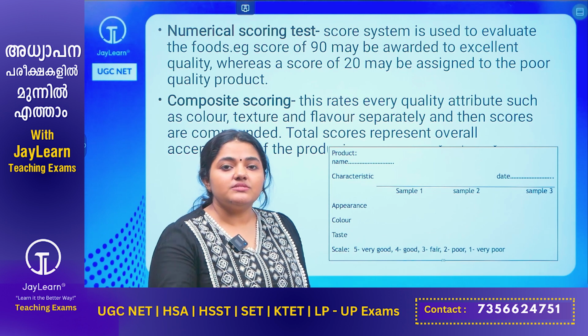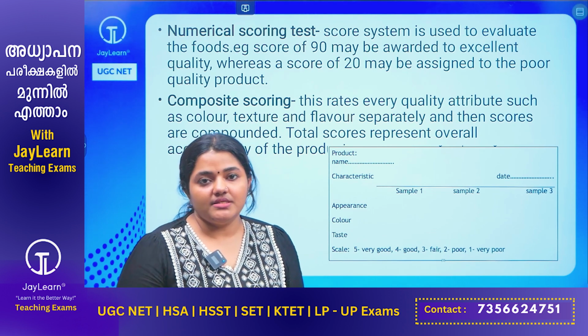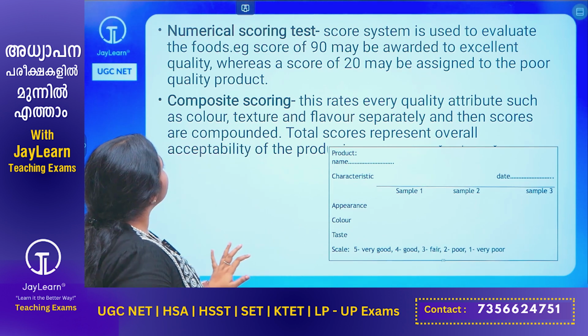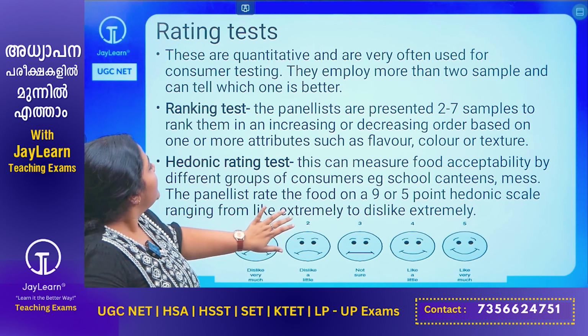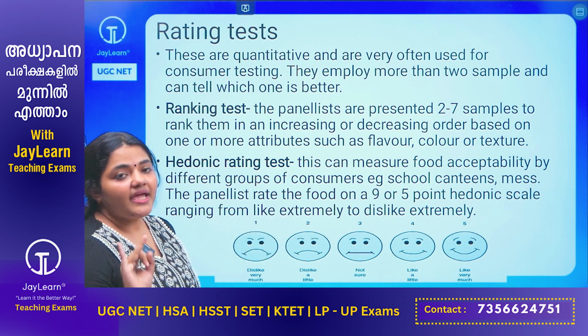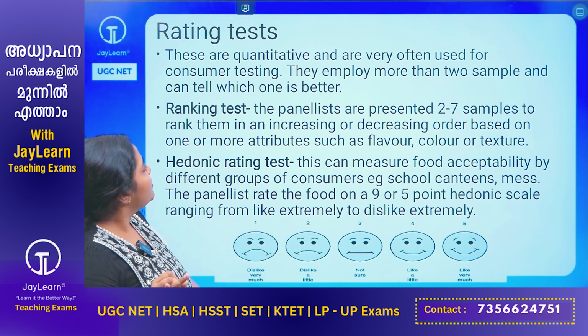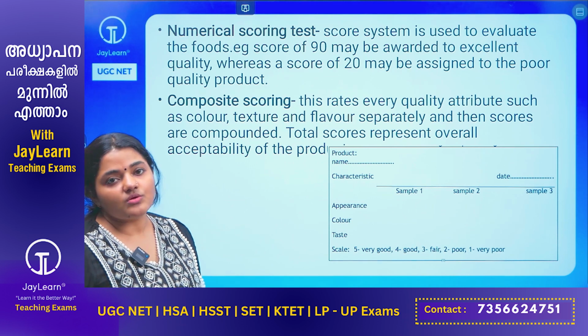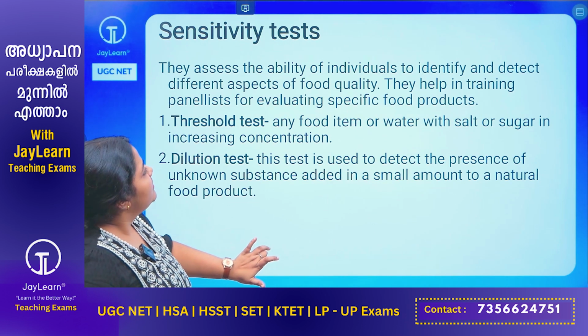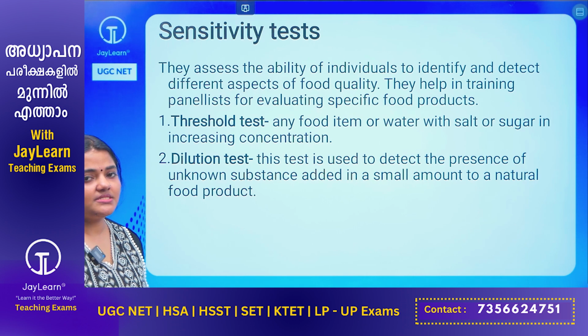And based on the highest value, we will be evaluating that particular food. Okay, this is from rating test, in which we have ranking test, hedonic test, numerical scoring, and composite scoring, 4 of them. Next one is sensitivity test.